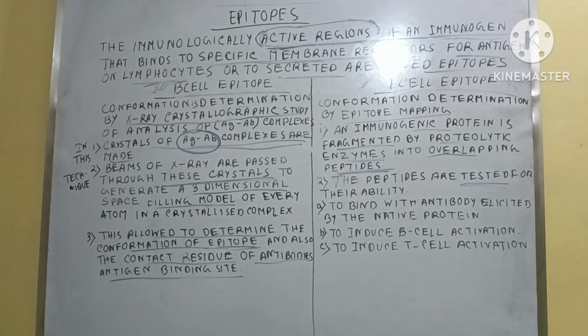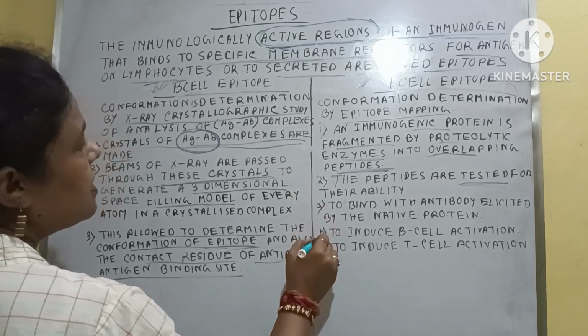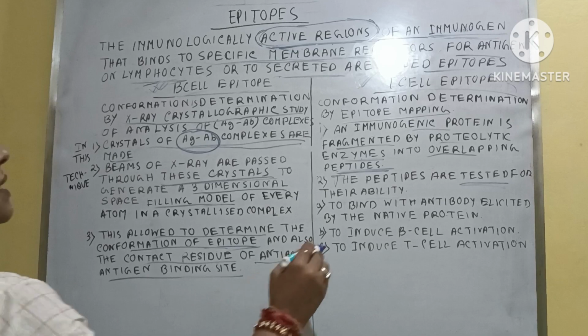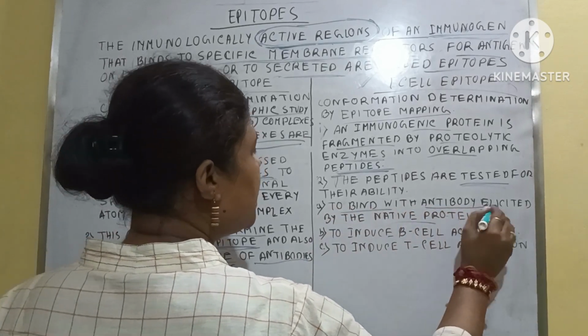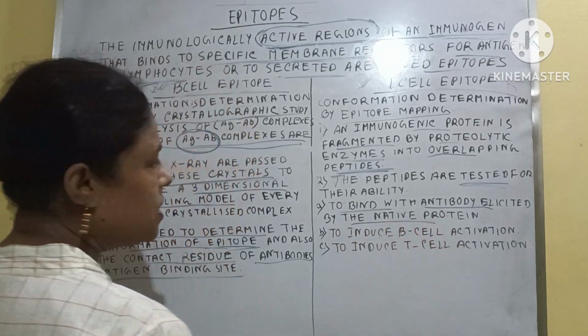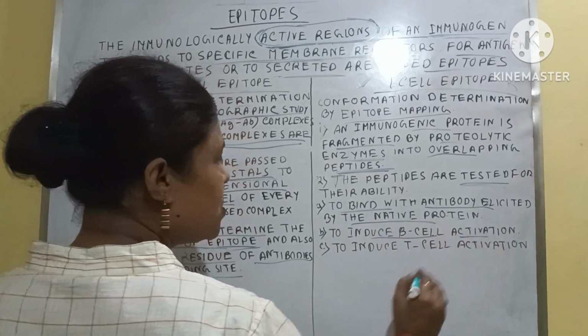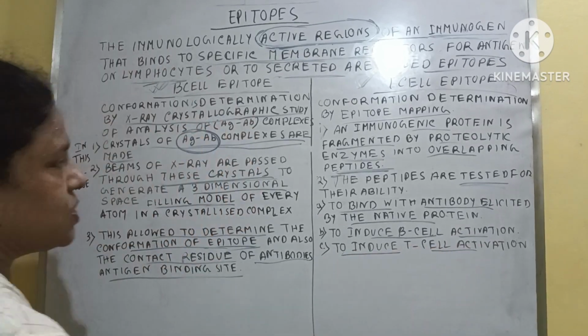Here three kinds of testing are possible. One is binding with the antibody elicited by the native protein. Second, to induce B cell activation, and third, to induce T cell activation.